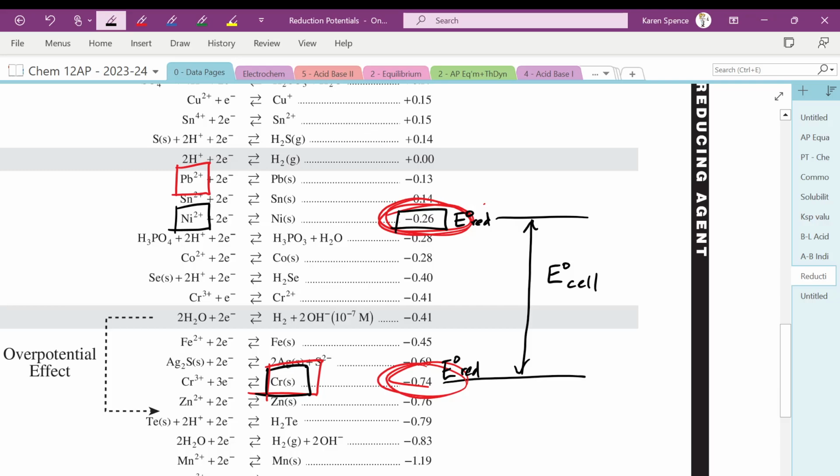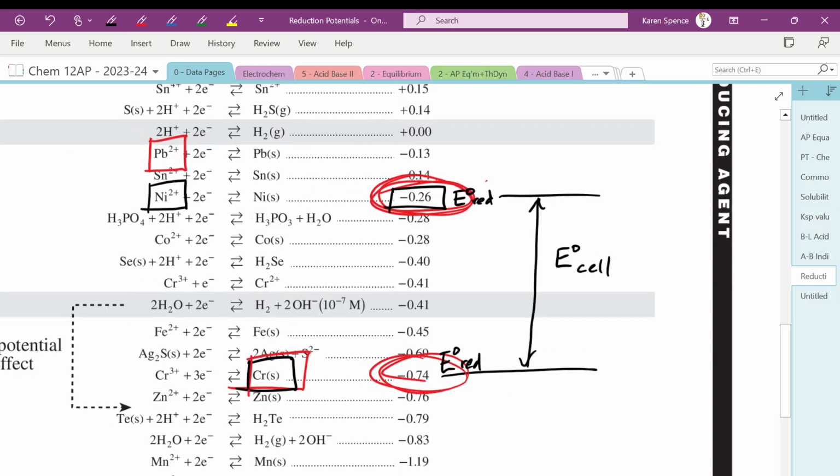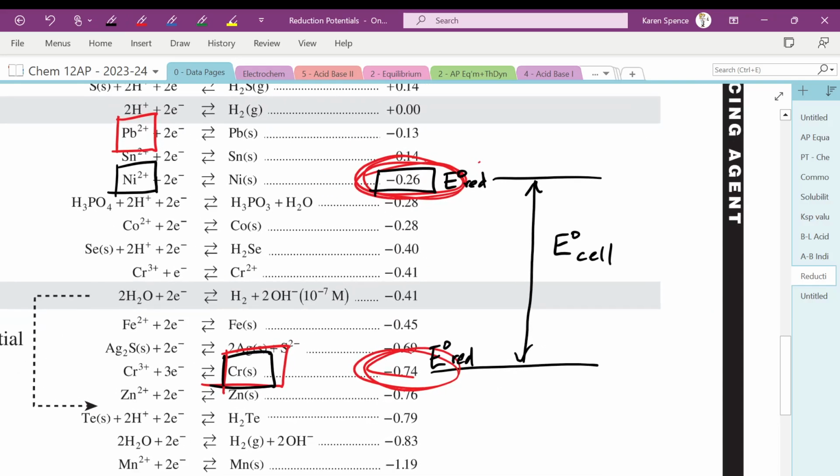If we have a nickel chromium cell, yes? This is the reduction potential of nickel. And is nickel the anode or is nickel the cathode? If I've got a nickel chromium cell, what is nickel better at doing?